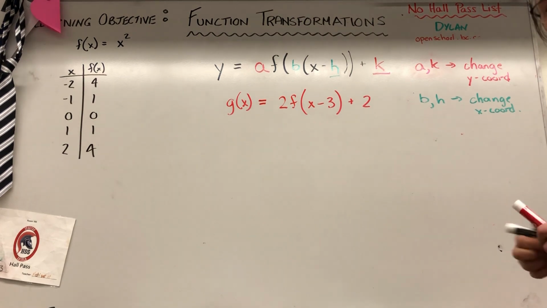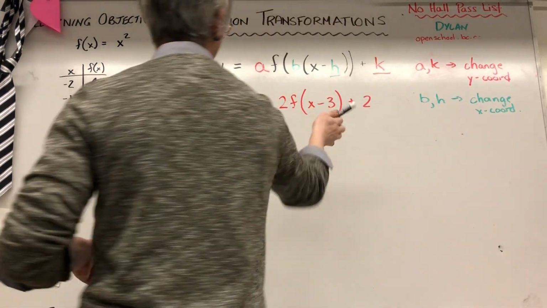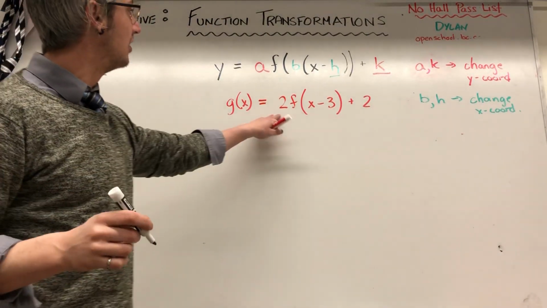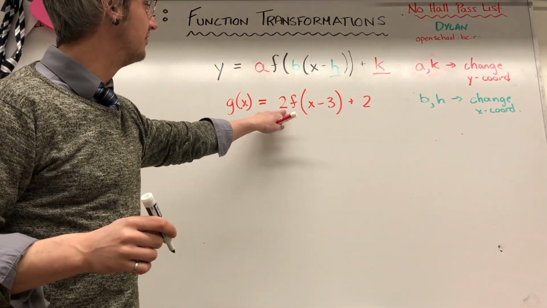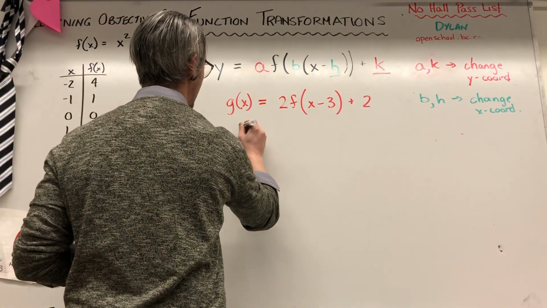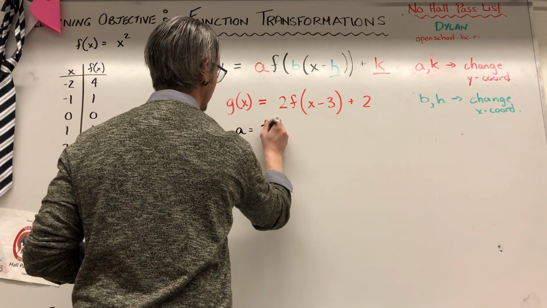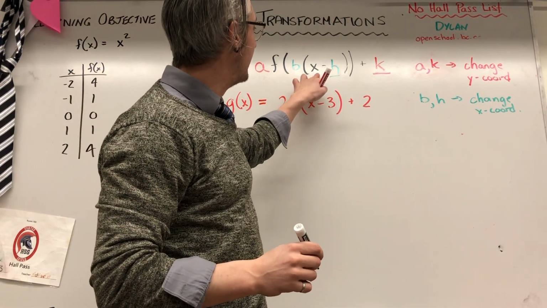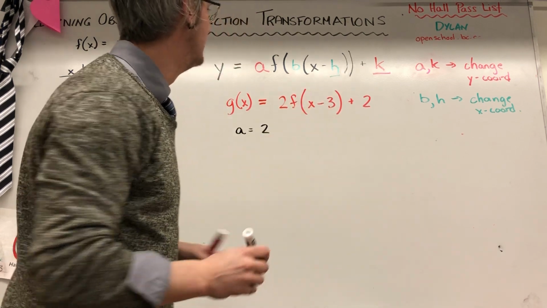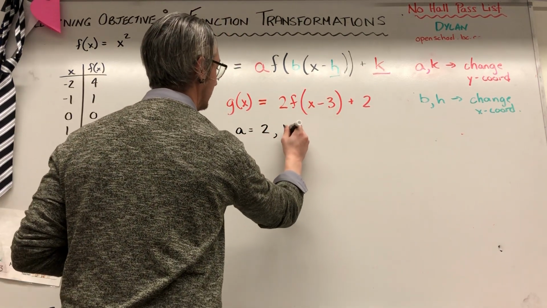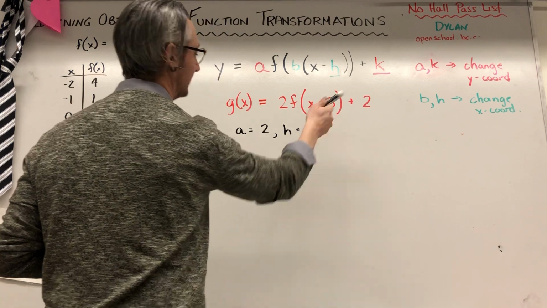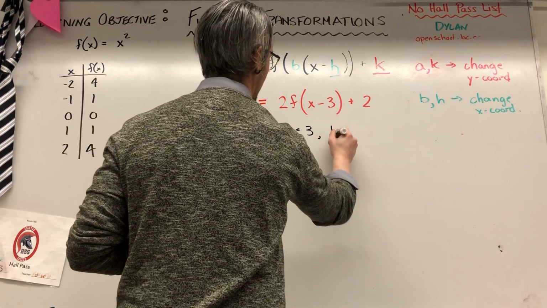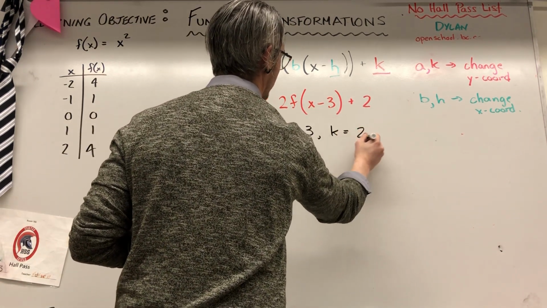So the first thing I want to do is identify what all these numbers represent. I've got a number in front of my function f. That's going to be my a, so I know that a is 2. I don't have any number multiplying x, but I do have an h of positive 3, which is the opposite, and I have a k of 2.